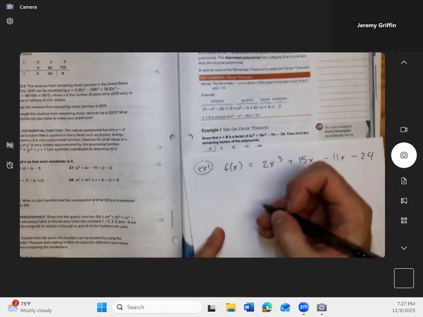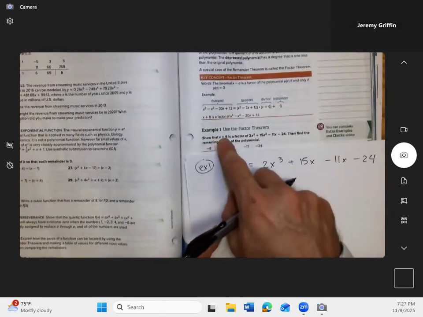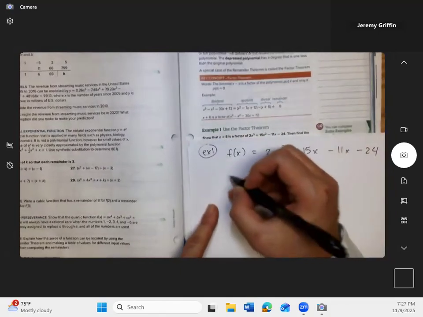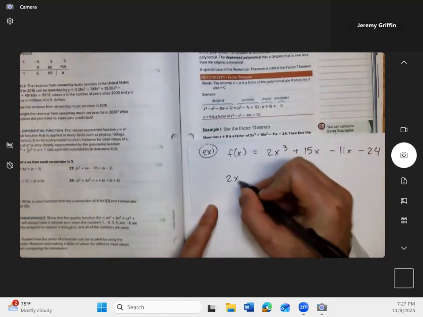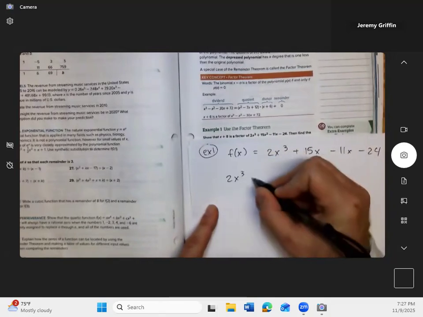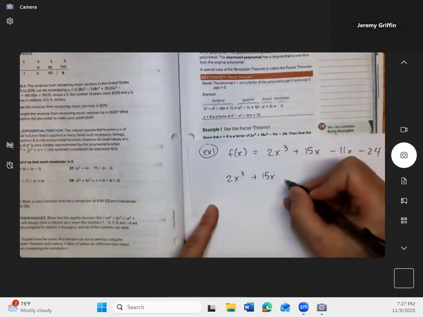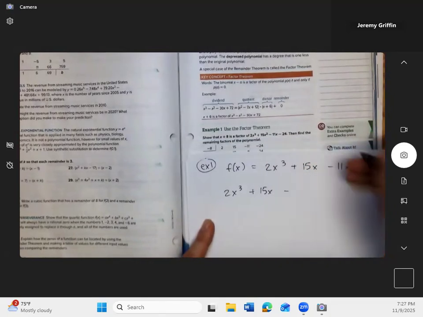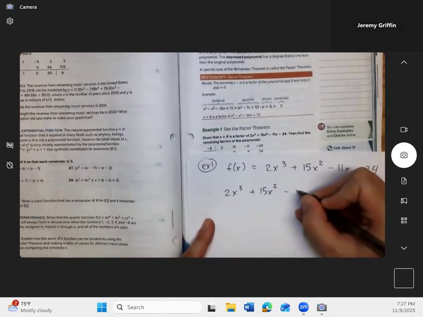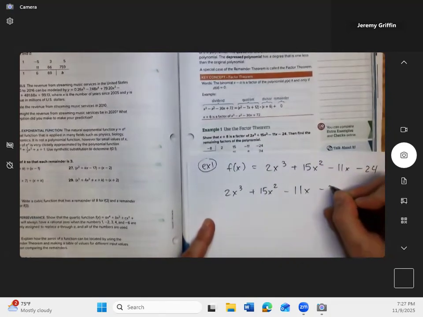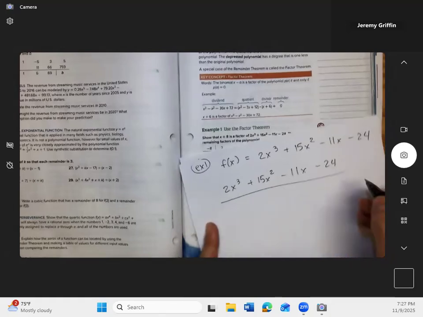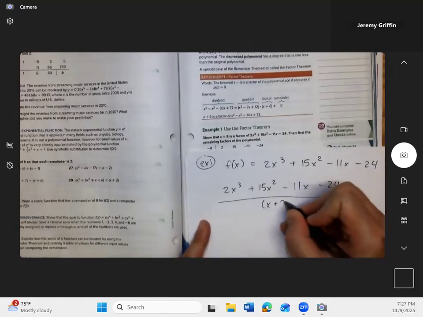And what they want to know is, can you divide out x plus 8? So, spelled out so it's really obvious: 2x cubed plus 15x squared minus 11x minus 24. Can you divide all this by x plus 8?